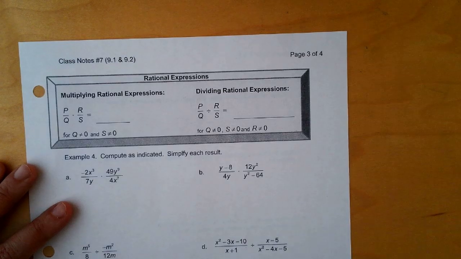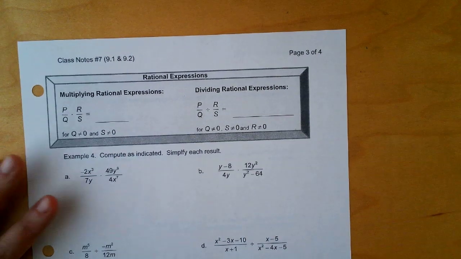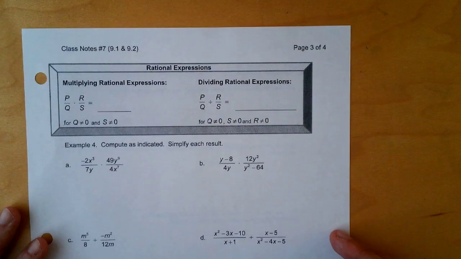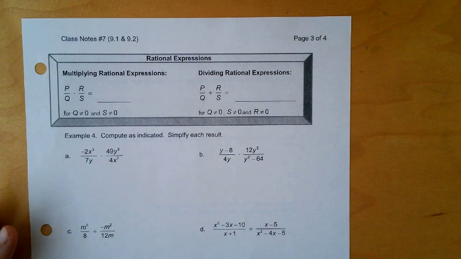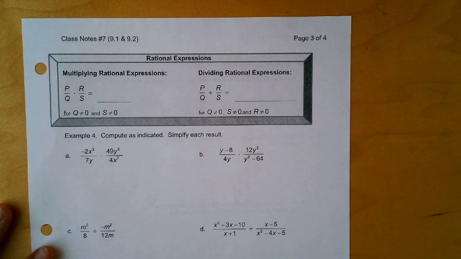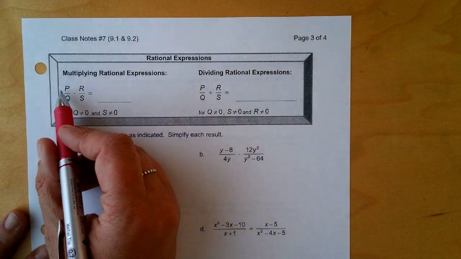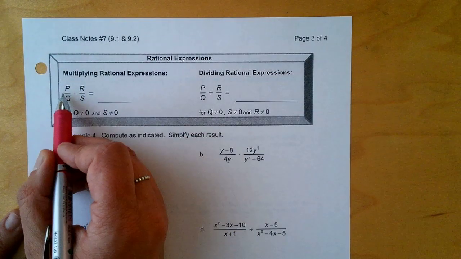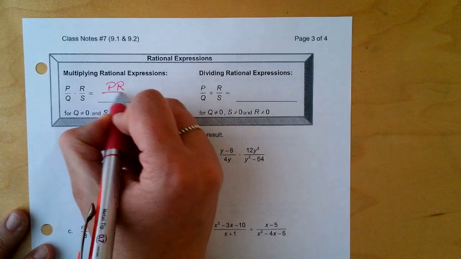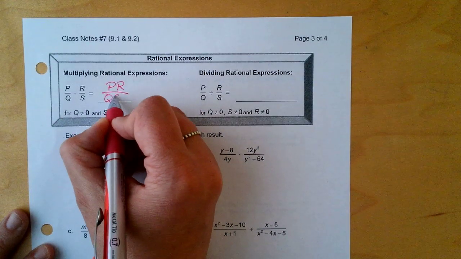Okay, so all of that applies with these rational expressions. If we're multiplying rational expressions, we're going to multiply the numerators. P times R is PR, and Q times S is QS.